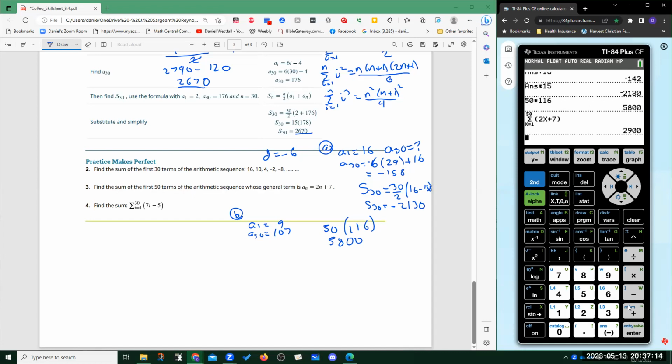I did get half of what I got. Oh, I forgot to divide this by 2. 50 over 2. Thank you, calculator, for checking me.